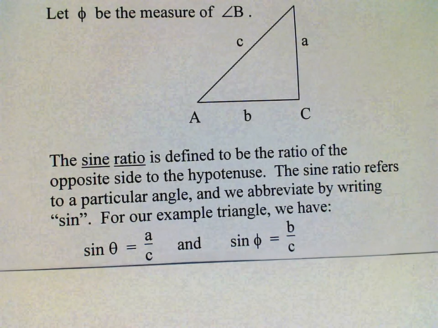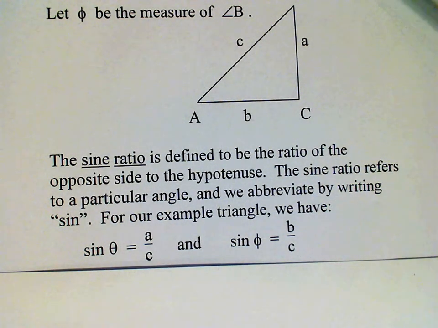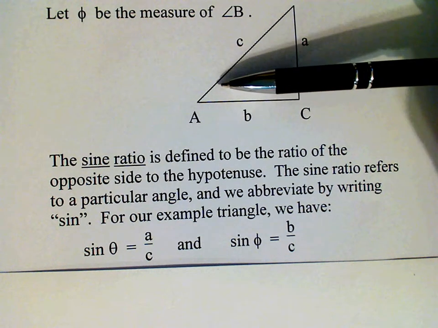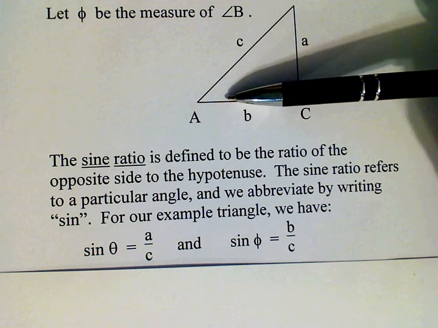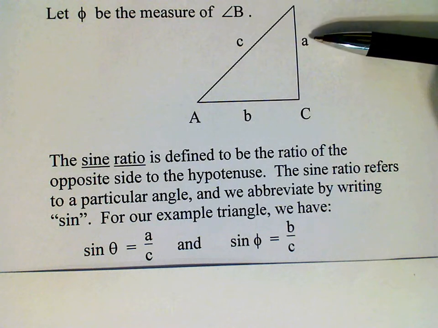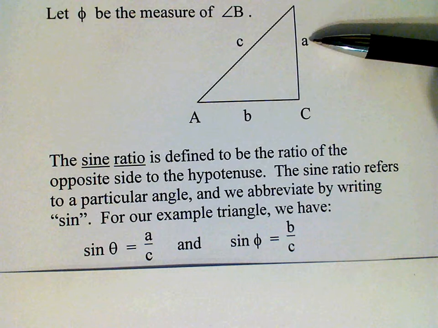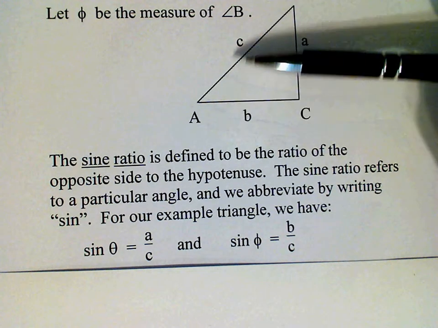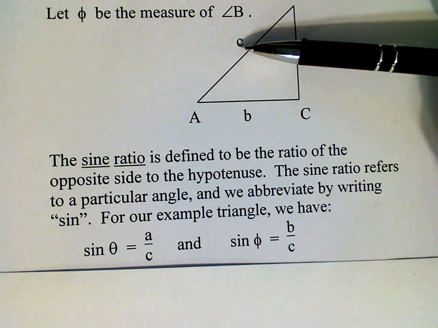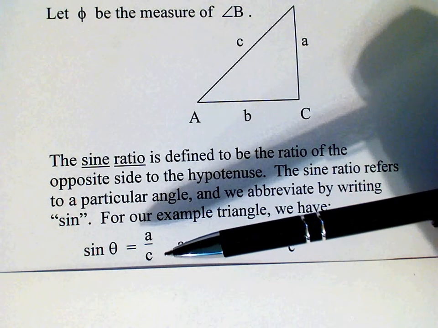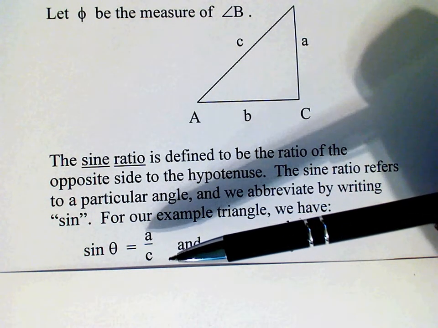So for example, if we want the sine of angle theta, which you remember is the measure of angle A, then we can calculate that by dividing side a, which is the side opposite angle A, by the hypotenuse c. So a divided by c will give us the sine ratio for angle theta.